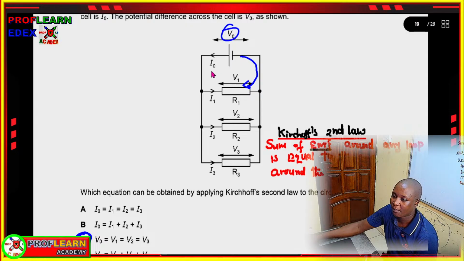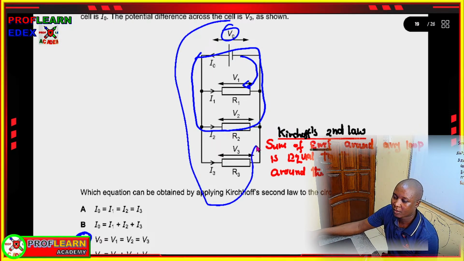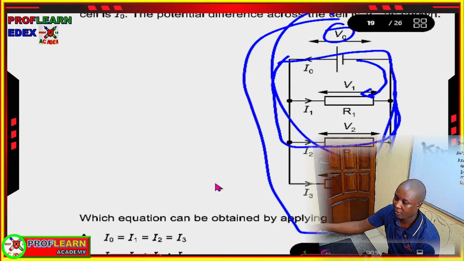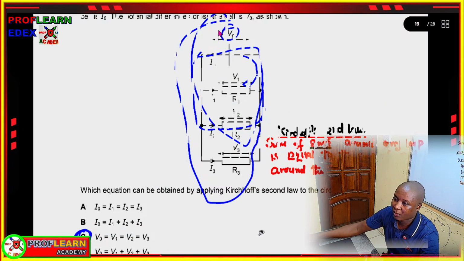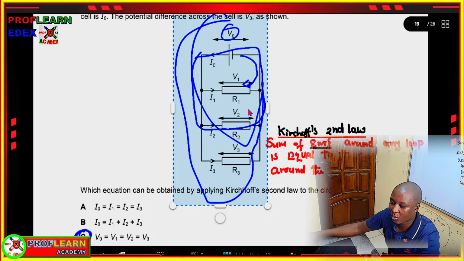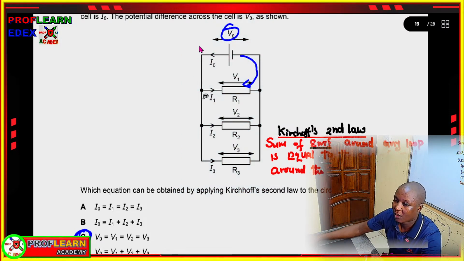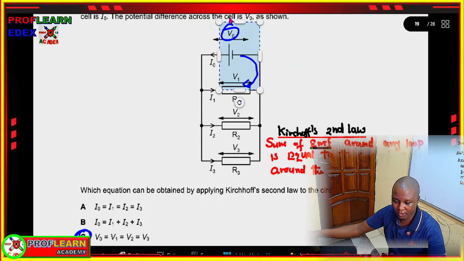Also, if you consider this loop only, we have V0 is equal to V2, and if we consider this loop here, we have V3 is equal to V0. So, and then you are going to have the expression reducing to C.